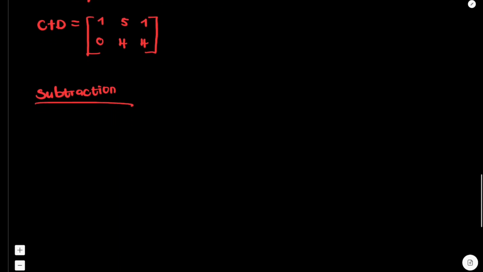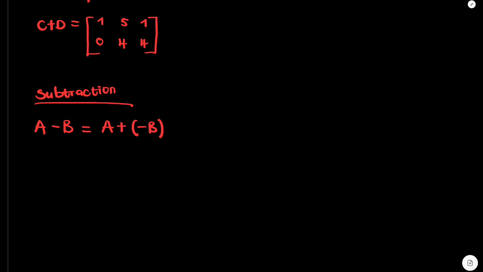So, subtraction, just think of subtraction as adding a negative. So let's say we have A minus B, we want to subtract, is the same as A plus minus B, where minus B is just an element of B multiplied by minus 1.